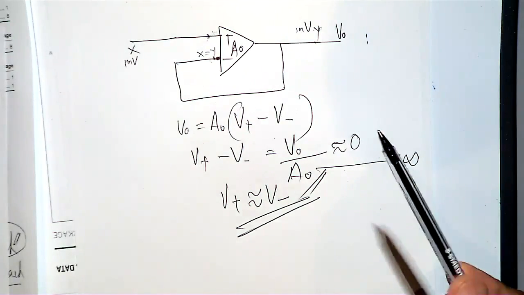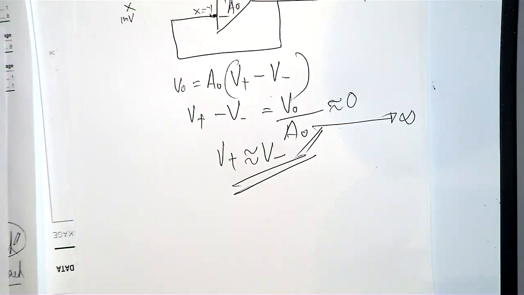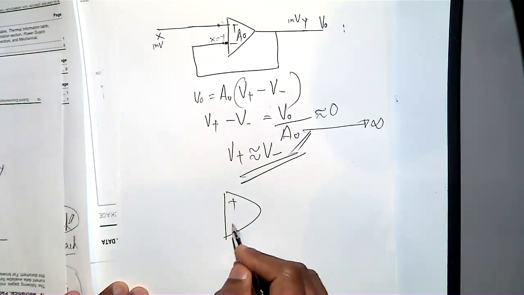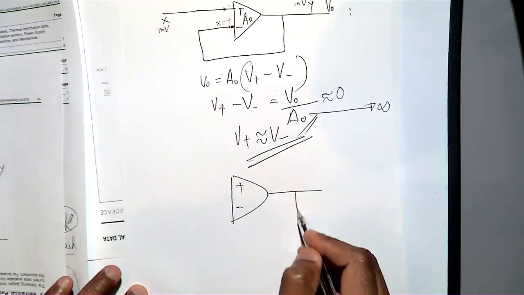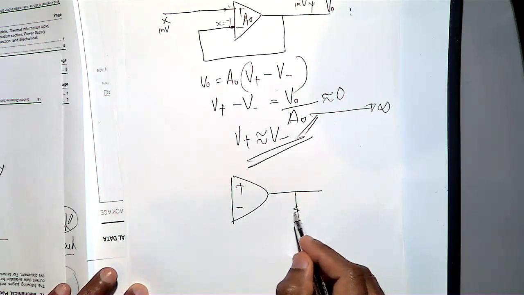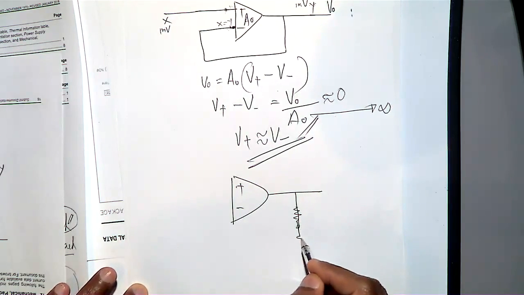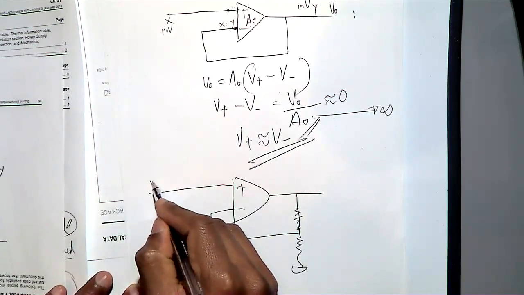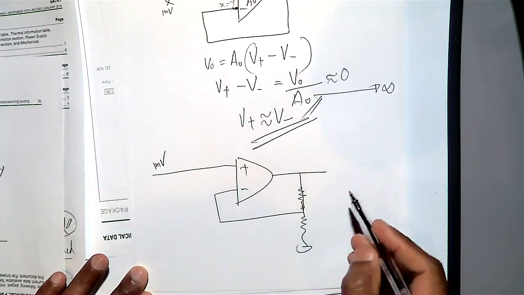Then we discussed that using this we can make an amplifier. When you have this positive and negative, you put a resistor here, then you put another resistor here, then you give the feedback, and then you give 1 millivolt here.